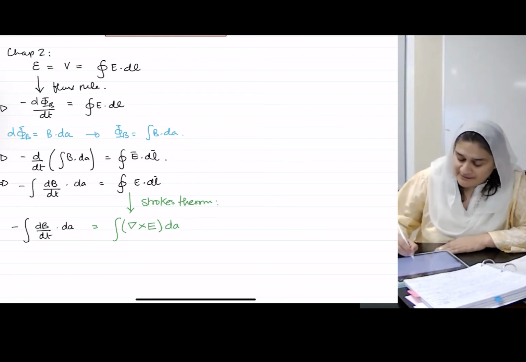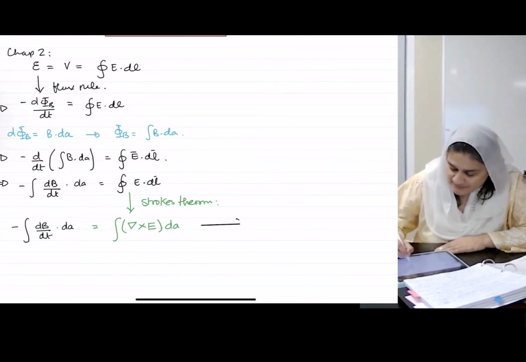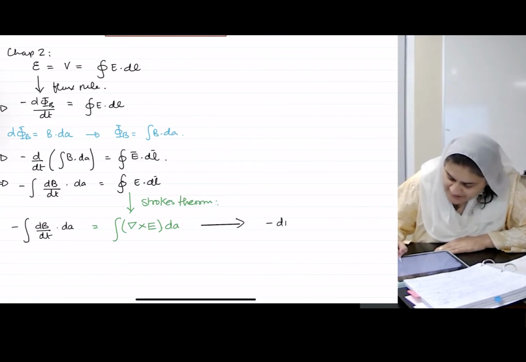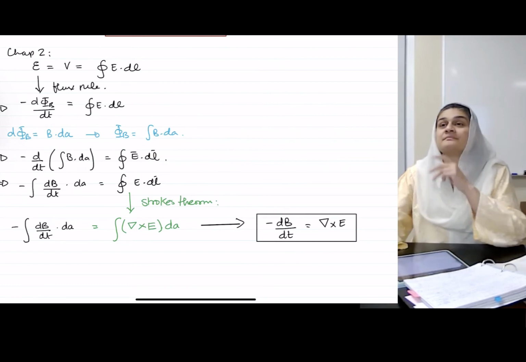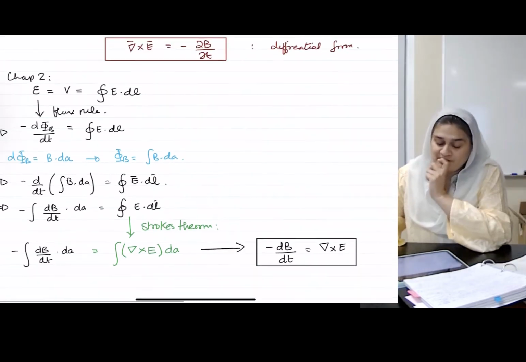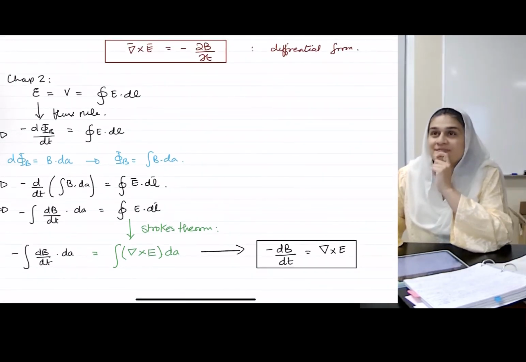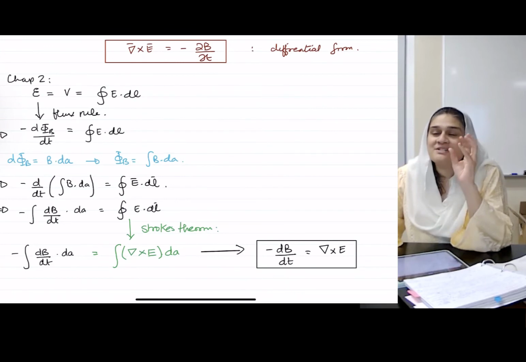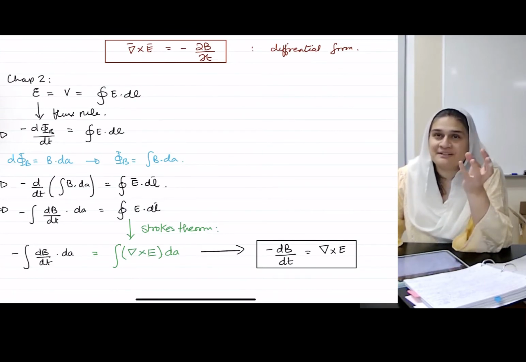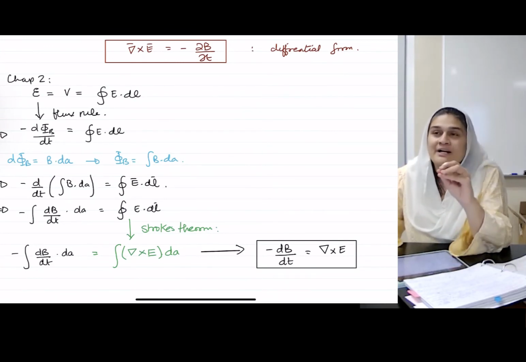May I rewrite this as negative dB over dt is the curl of E? Isn't that what I wrote here? So it's technically not new. We have just written our Ed equation, now introducing a B field in it.